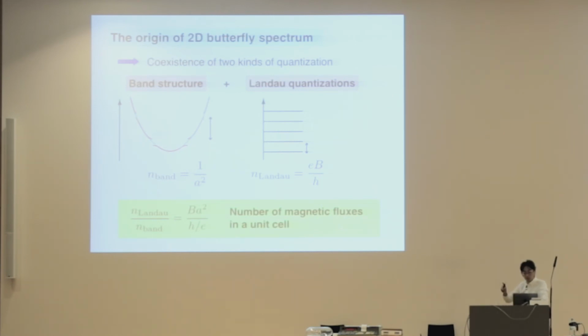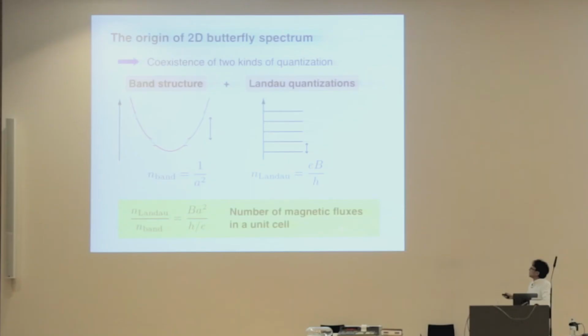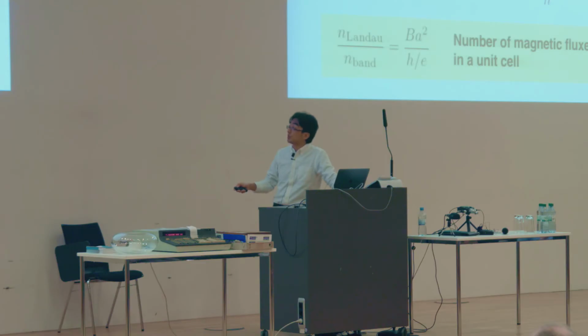This is the number of electrons which is accommodated in one single Bloch band. On the other hand, in a magnetic field, the unit is different. The electronic states are packed in units of eB over h, which is proportional to B. Okay? So they are competing. The ratio gives the P over Q. The ratio does matter.